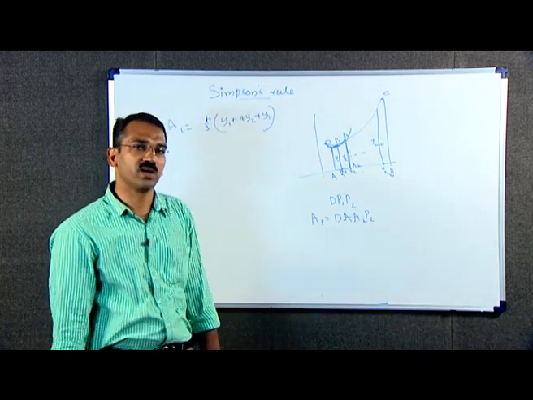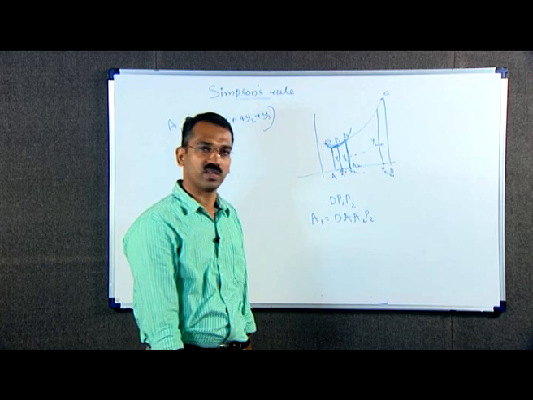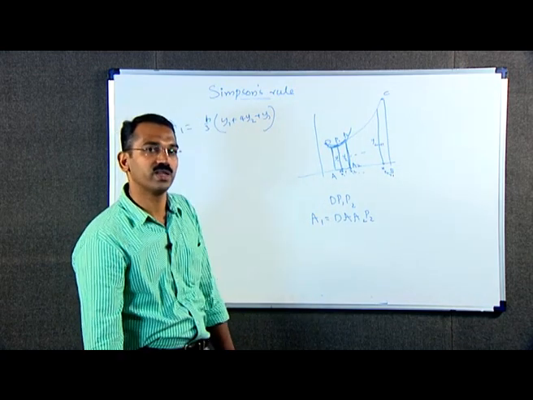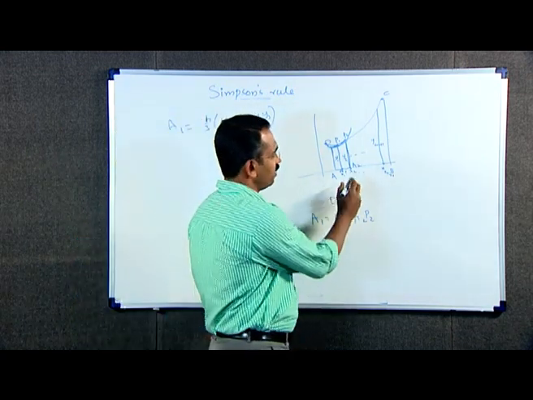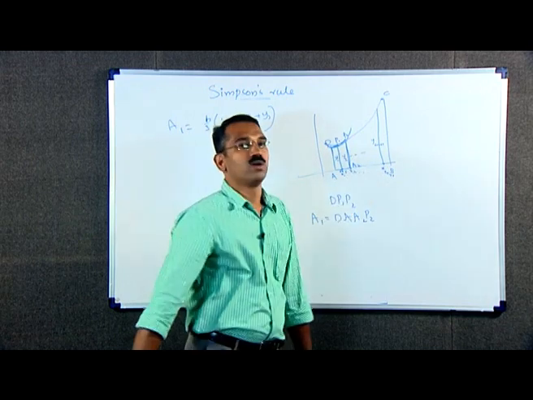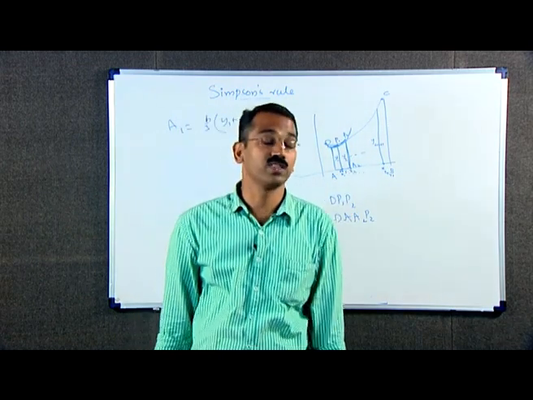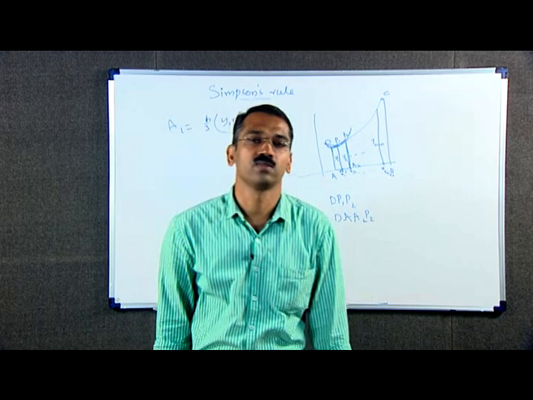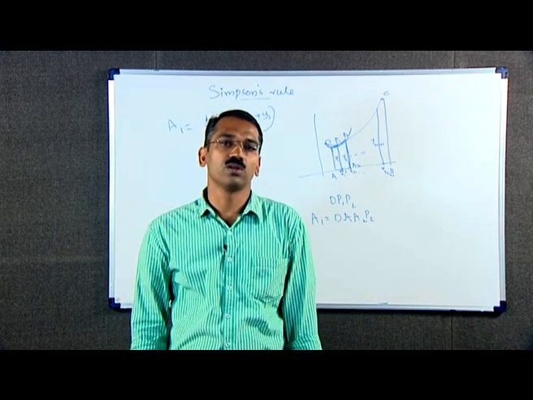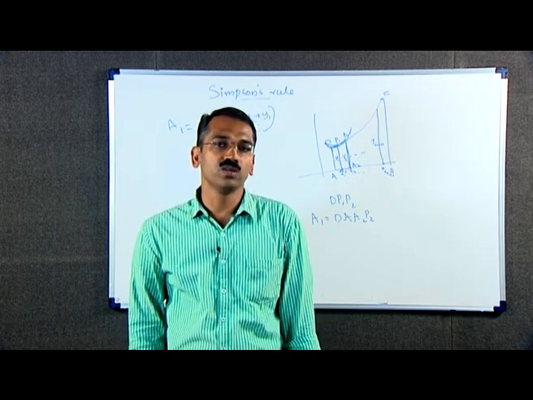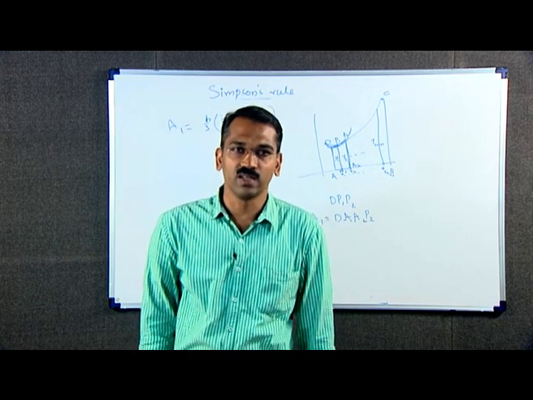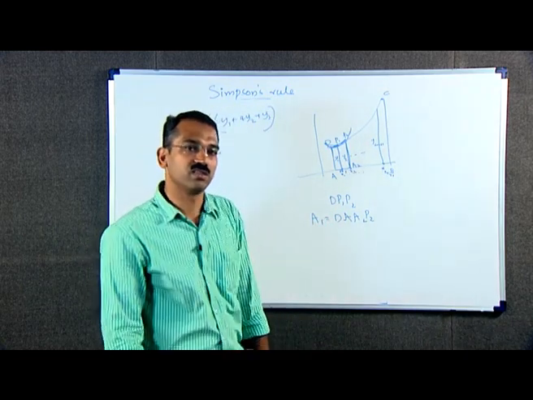Similarly, we apply the parabolic rule for the area joining the ends of the ordinates y3, y4 and y5, and so on. We denote A2, A3 etc. An as the successive areas.